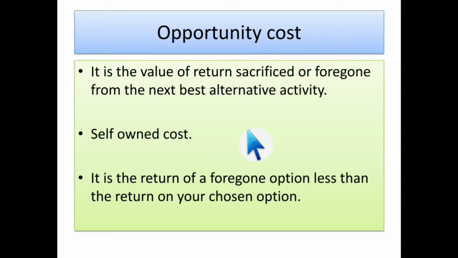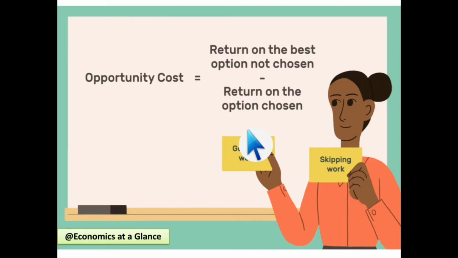Opportunity cost is the return on the best option that you have not chosen minus the return on the option you have chosen. Okay, that difference is called opportunity cost. That means you could have but you are not having now.